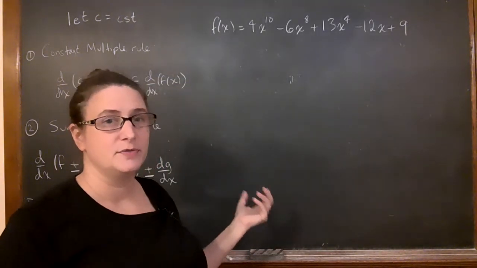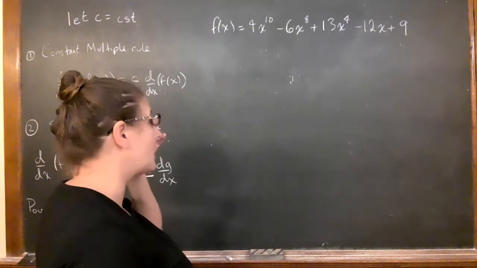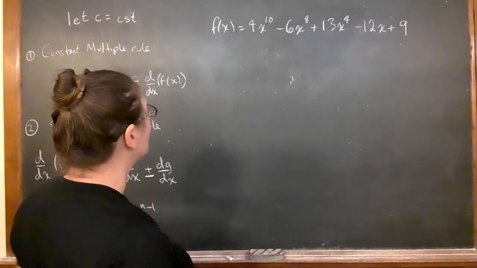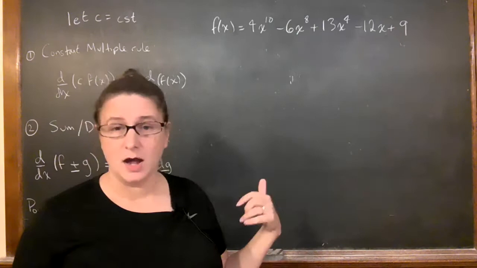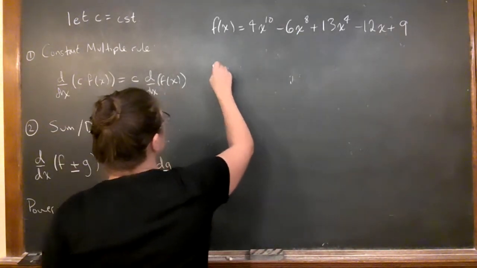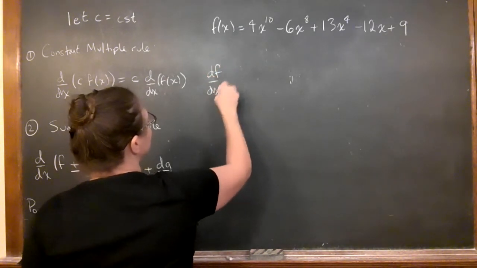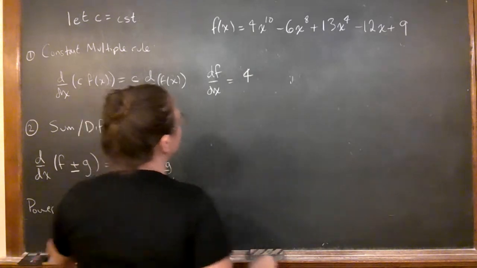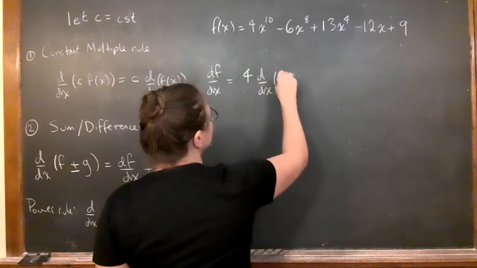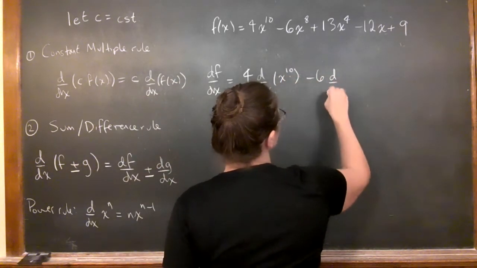You can imagine that trying to do this with the difference quotient would be an absolute headache and very difficult, but we can go ahead. And so this first time, I'm actually going to write it out a little bit, putting the derivative through here. So df dx, but not all the way. Like I know I can pull out the constant and pull out the pluses. So all I have to do is write it like this.